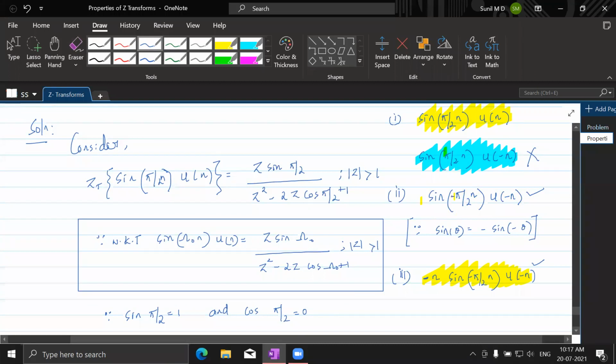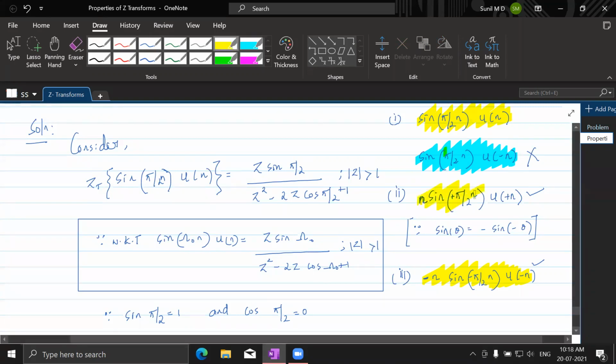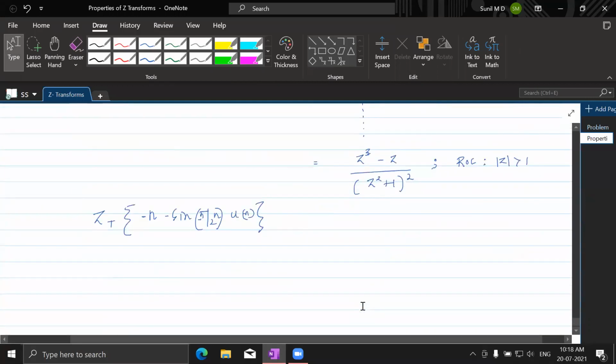We have not yet taken this. We first used this property, then we went on to use this, which is one and the same. We have just taken n here, then we are going for the time reversal property. Fine. So use the time reversal property here and see what we get.